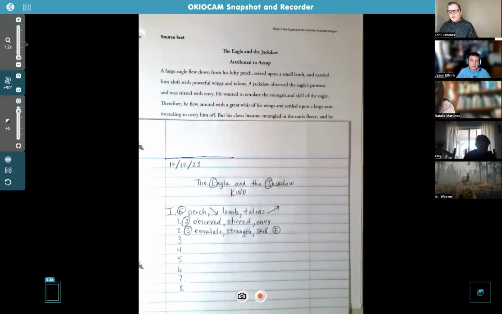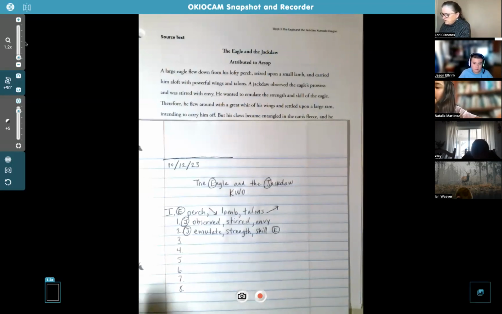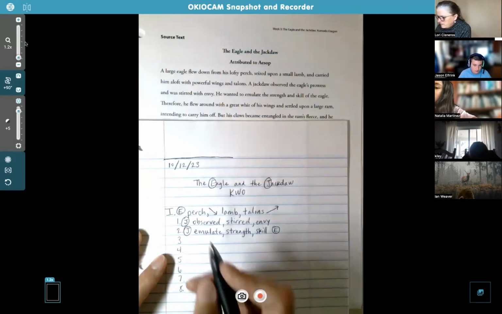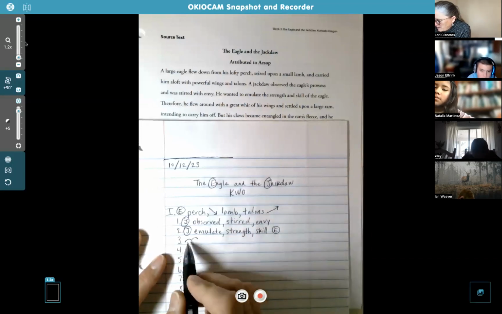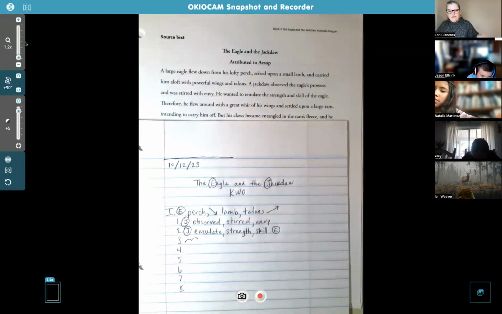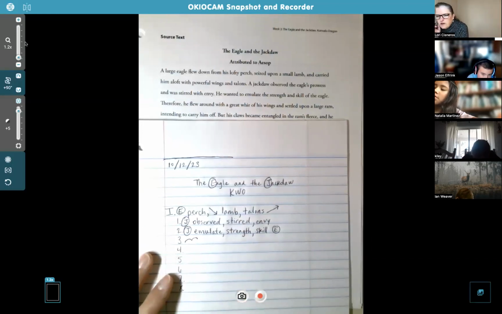Should we write the word flew, or should we draw, maybe you know how to draw a bird in flight? You could draw a bird maybe. Flew around. This is what I'm thinking. I like that idea though. Have you ever done a bird like that? It looks like it's flying, like flapping. And then you said how to do around?